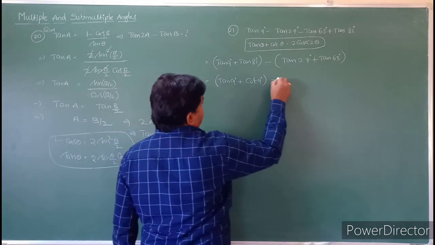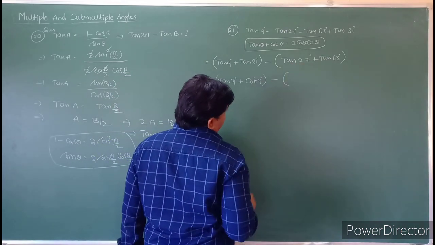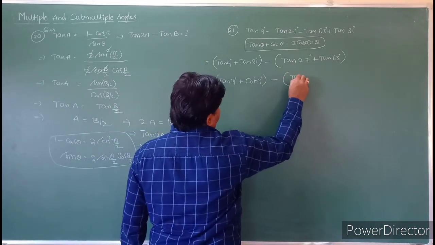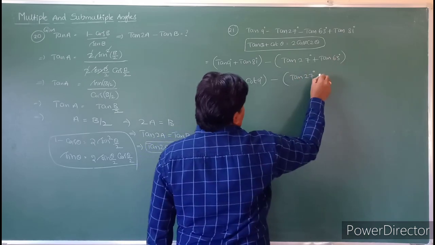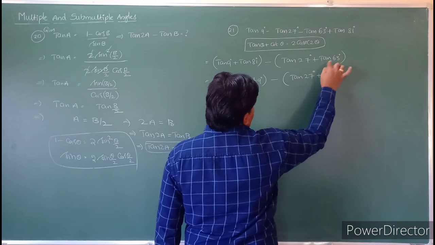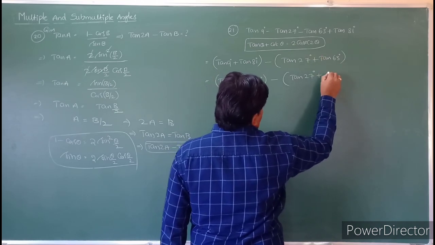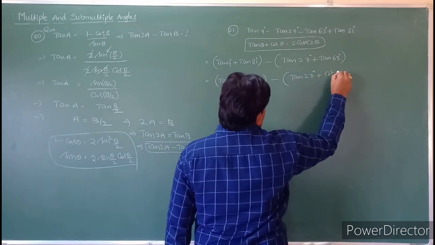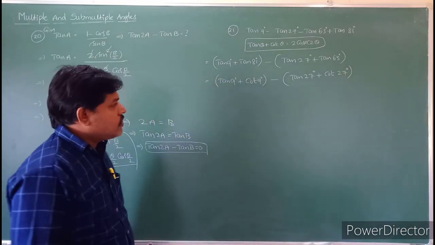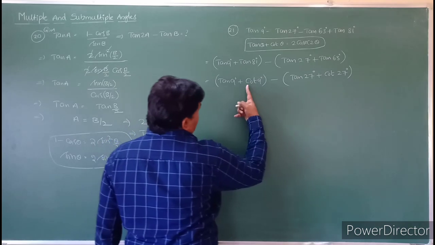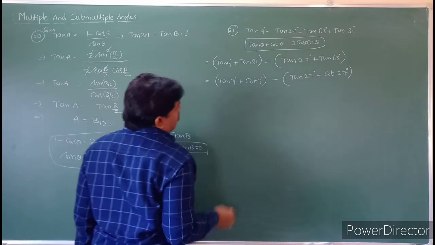So minus, for tan 63 you can write 90 minus 63 is 27, so automatically it will convert into cot 27 degrees. So it is in the form of tan theta plus cot theta, which you can write as 2 cosecant 2 theta.